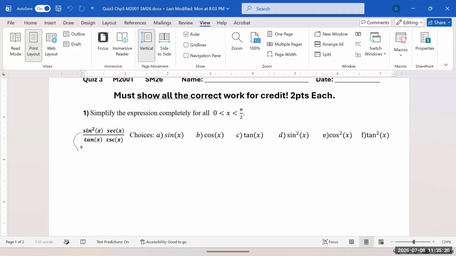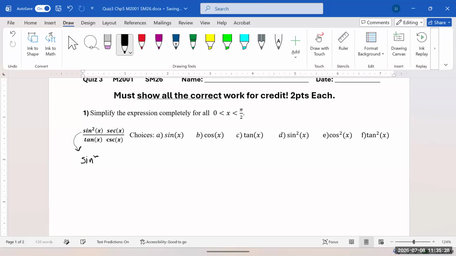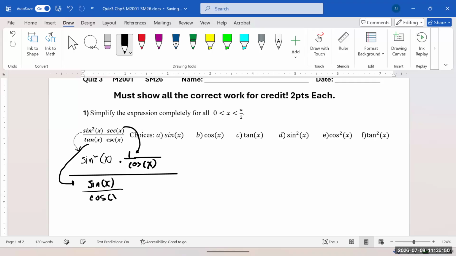So the sine is already sine. We don't have to do anything. So we keep our sine squared x. For secant, we can convert this as 1 over cosine x. Now on the denominator, tangent, we can write what over what? Sine over cosine. And then we have cosecant. How can you derive cosecant? 1 over sine.